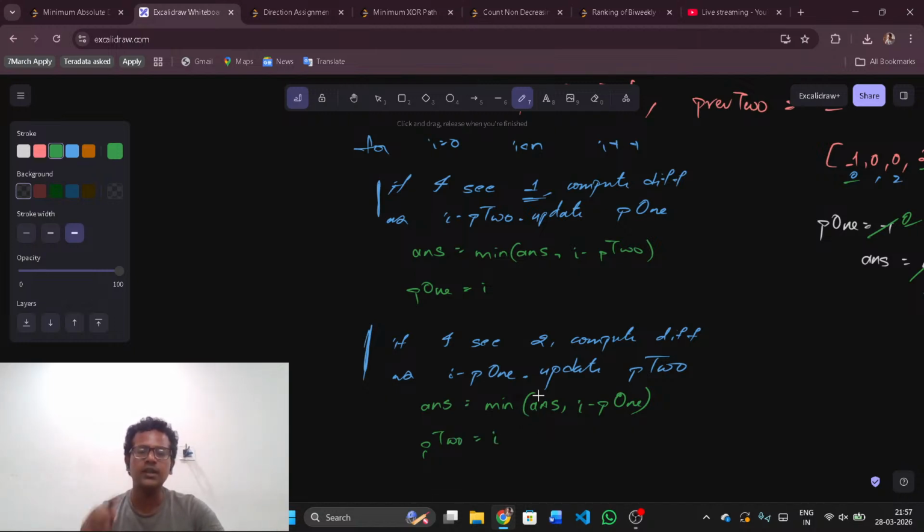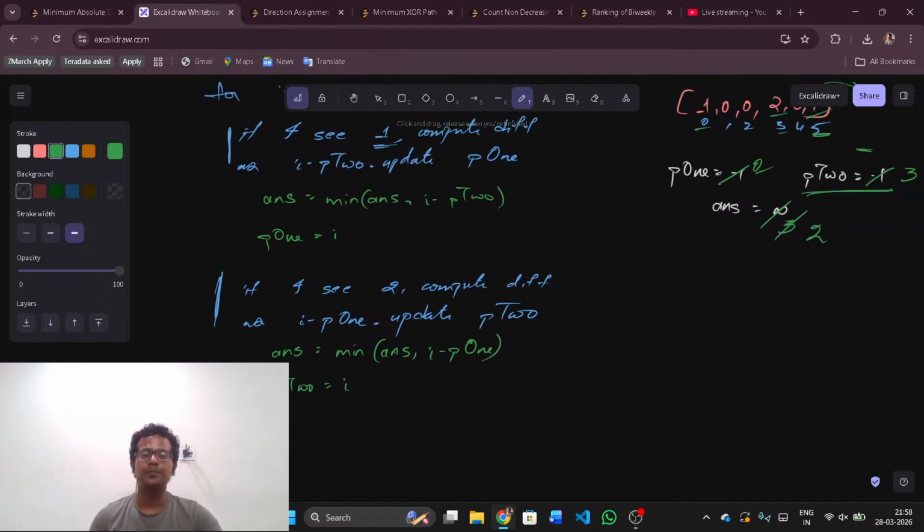Now, there is another thing. If I see 2, I'm just computing the difference as i minus P1. But I will do it only if P1, or previous 1, is not equal to minus 1. I also need to check: compute difference if and only if P1 is not equal to minus 1.